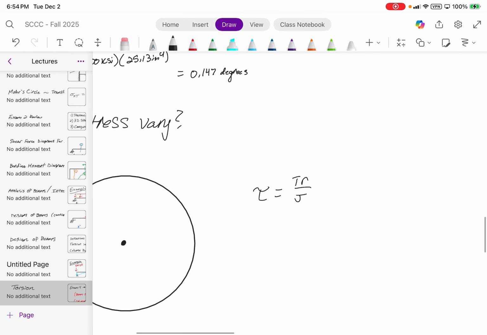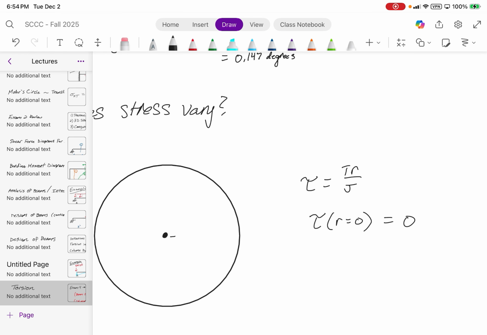So if R equals 0, then what's the shear stress going to be? It's going to be 0. That should give us a hint that when we're looking at it from a radial perspective, the stresses increase linearly, with tau max being located there. Does that make sense?